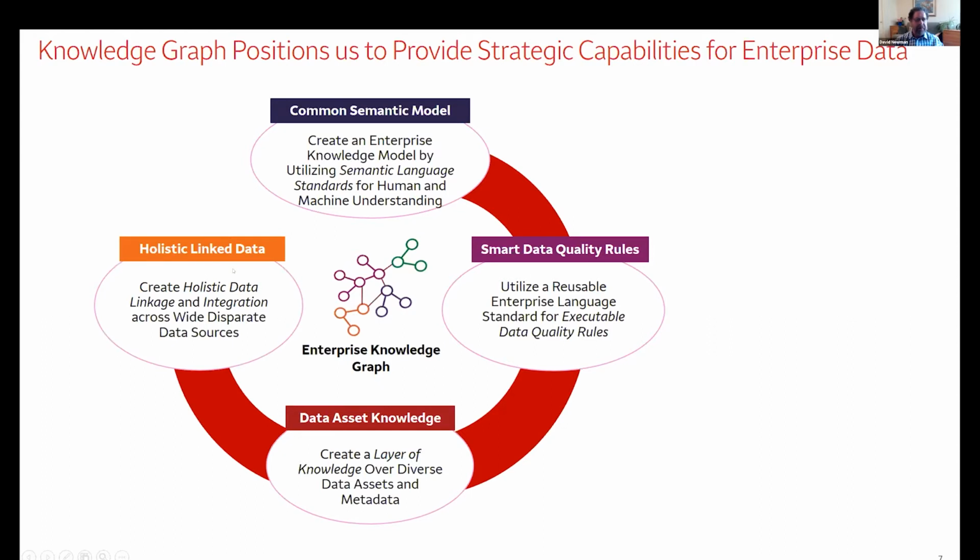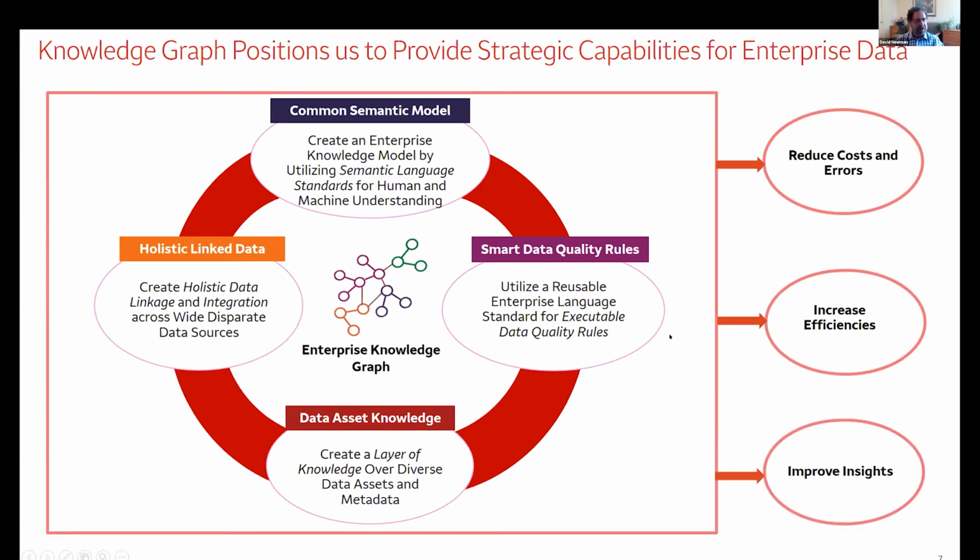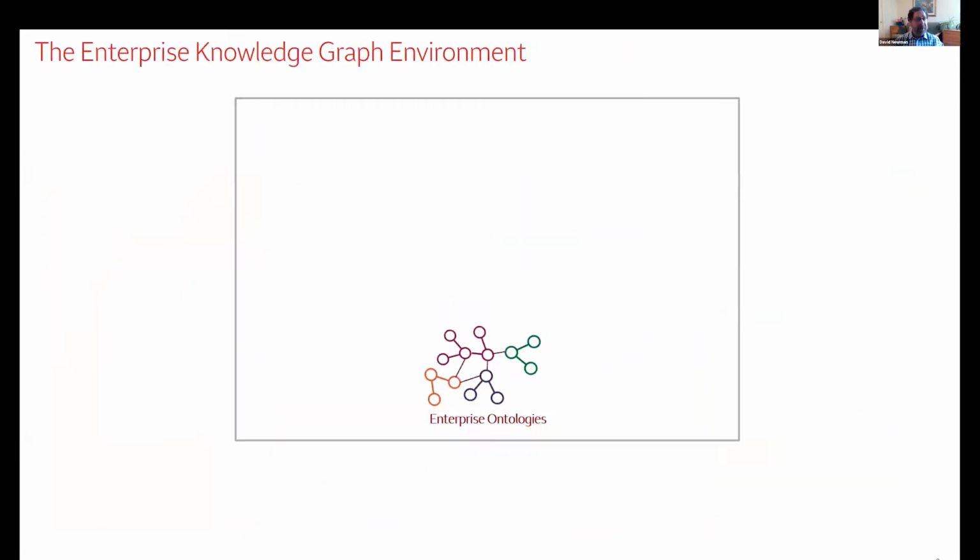And we can leverage the knowledge graph to provide a better way to link and integrate data because of the harmonization to the common language. This creates a very powerful, next-generation strategic opportunity for enterprises. The result, in contrast to legacy technologies, is a significant reduction in errors and costs, increased efficiencies, improved insights, faster time to knowledge, better ways to mitigate risk, better ways to serve customers, and better regulatory compliance.